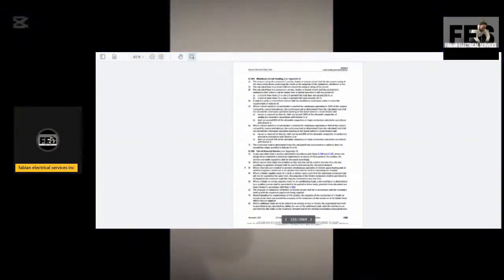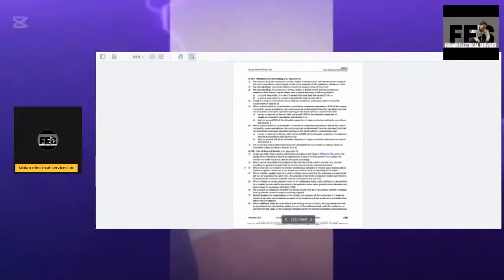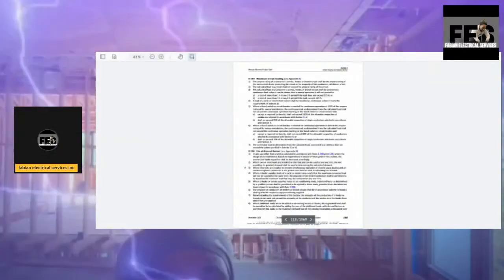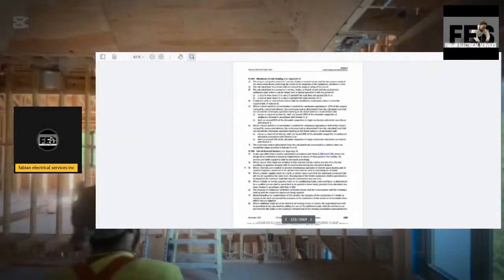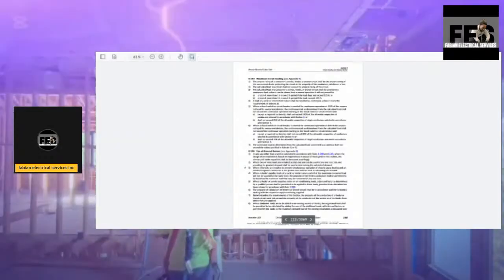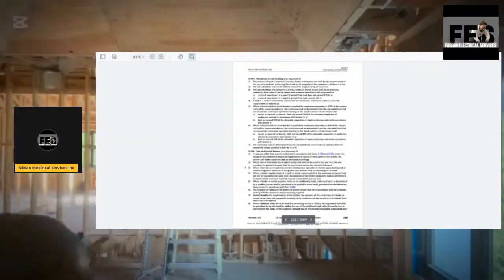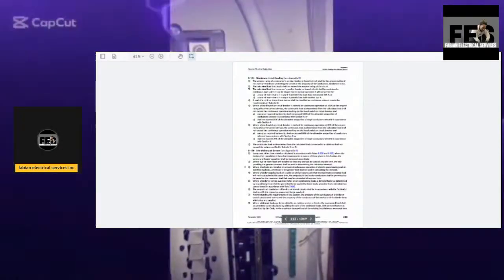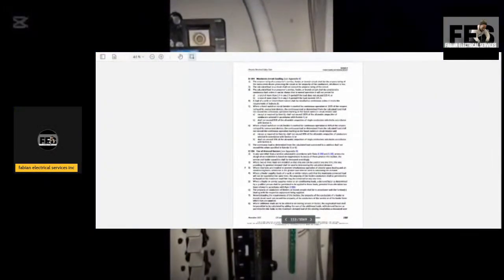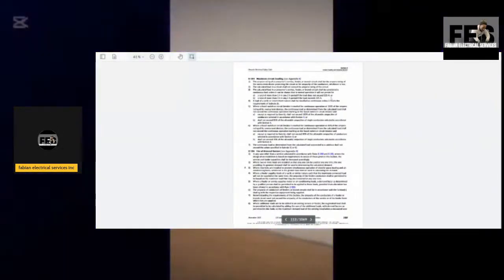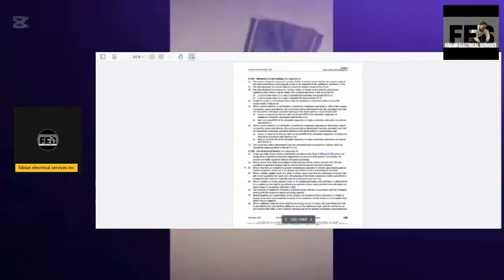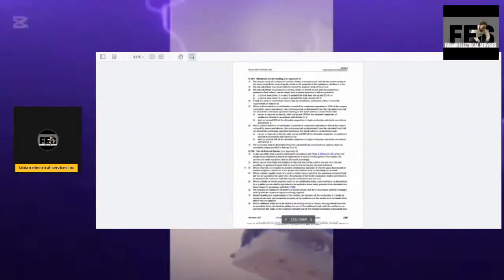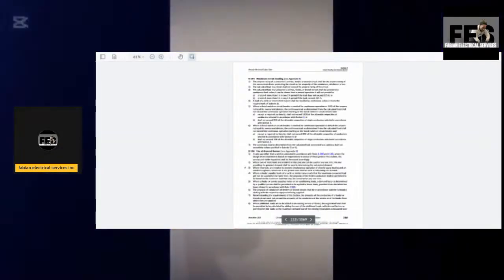The calculated load in a consumer service, feeder or branch circuit shall be considered a continuous load unless it can be shown that in normal operation it will not persist for (a) a total of more than 1 hour in any 2 hour period if the load does not exceed 225 amps, or (b) a total of more than 3 hours in any 6 hour period if the load exceeds 225 amps.